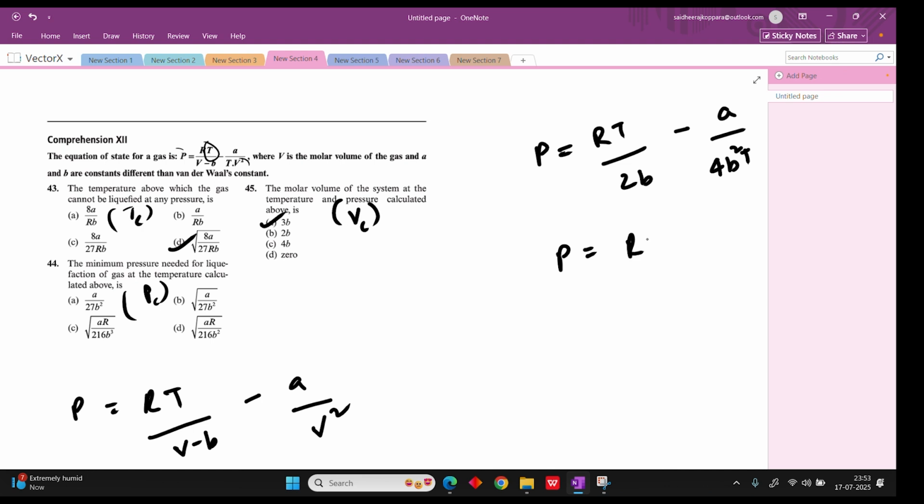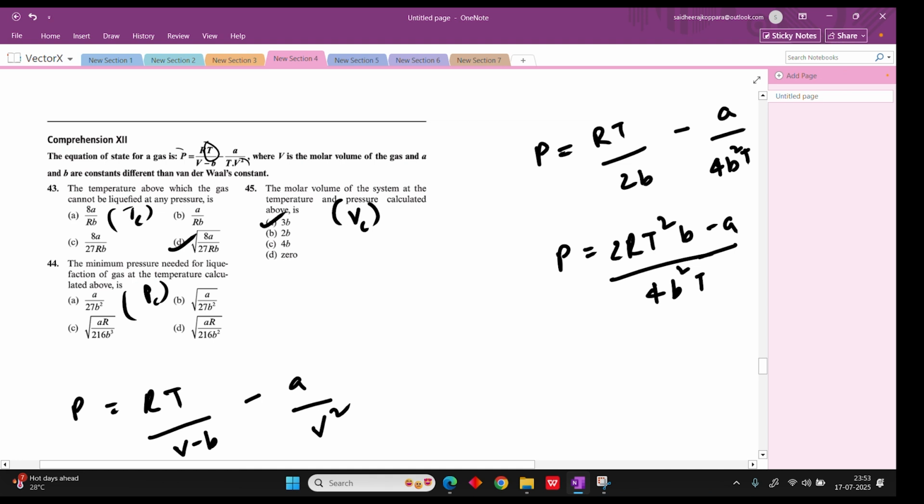Then P equals RT square B by 4B square T minus A. This is the equation which we are getting, right?